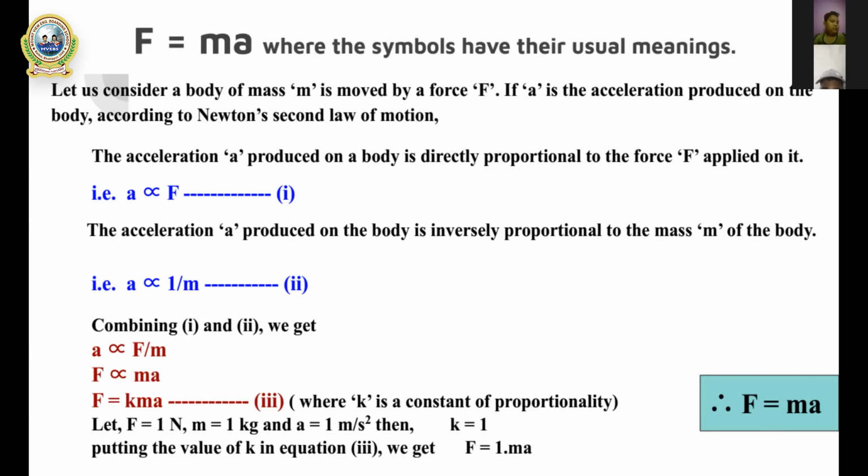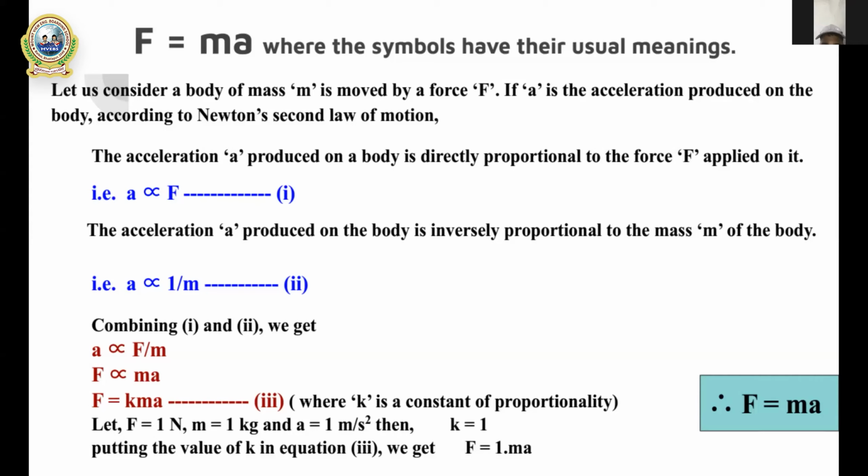In first also at left side we find A, and in second also at left side we find A, and that A is the same. So we can write A proportional to F upon M. From equations 1 and 2, finally we get A proportional to F upon M.